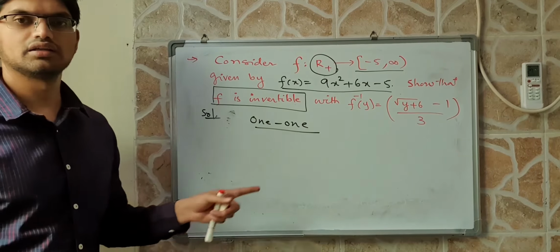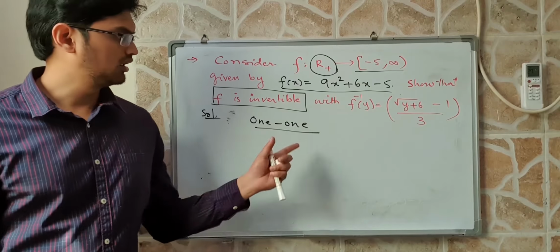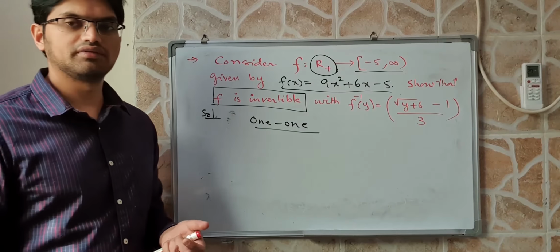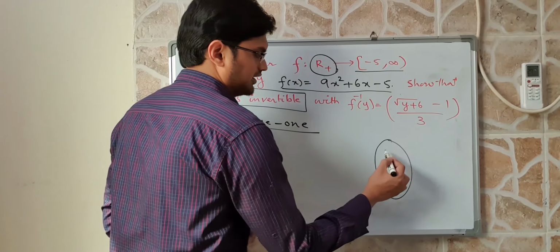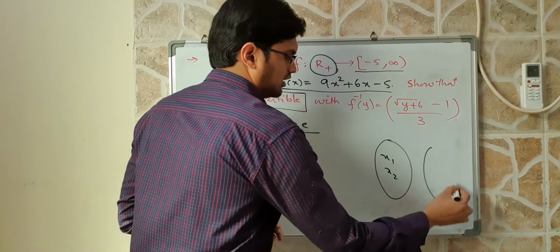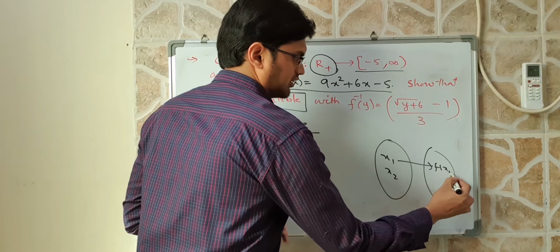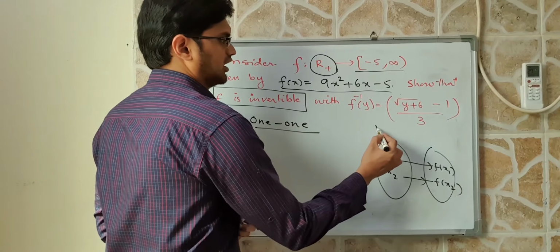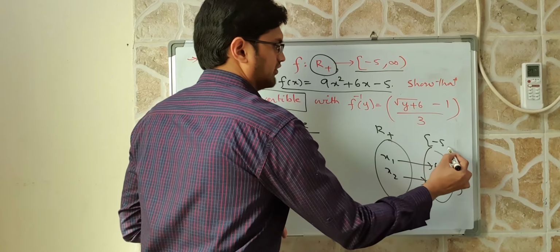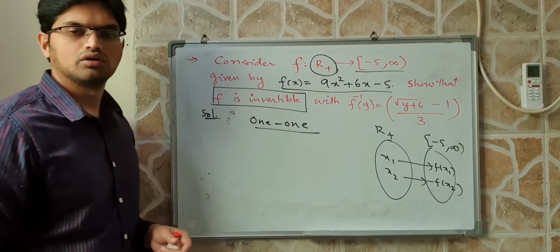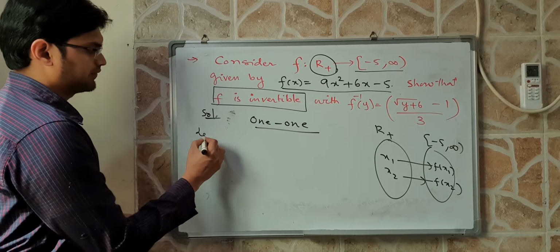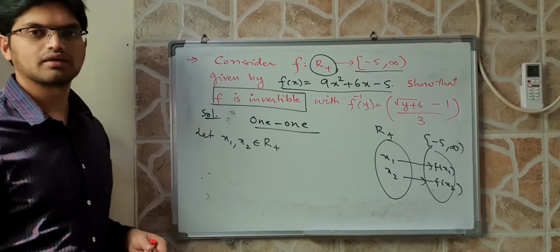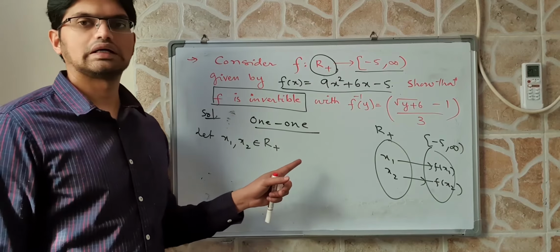We'll check whether the function is 1, 1 or not. For that, as we have just done, let us take x1, x2, and the images will be f of x1, f of x2. This is from R plus to -5 to infinity. So let x1, x2 belong to R plus, all positive real numbers.